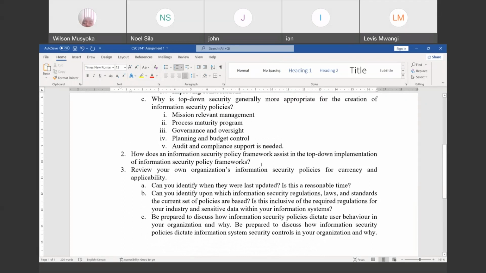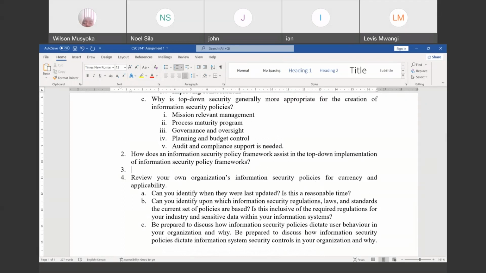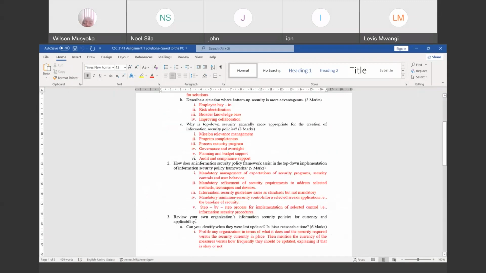Then, the second question was asking, how does an information security policy framework assist in top-down implementation of an information security framework? When we look at that question, first of all, we need to understand how the question is framed and what exactly it is asking for.